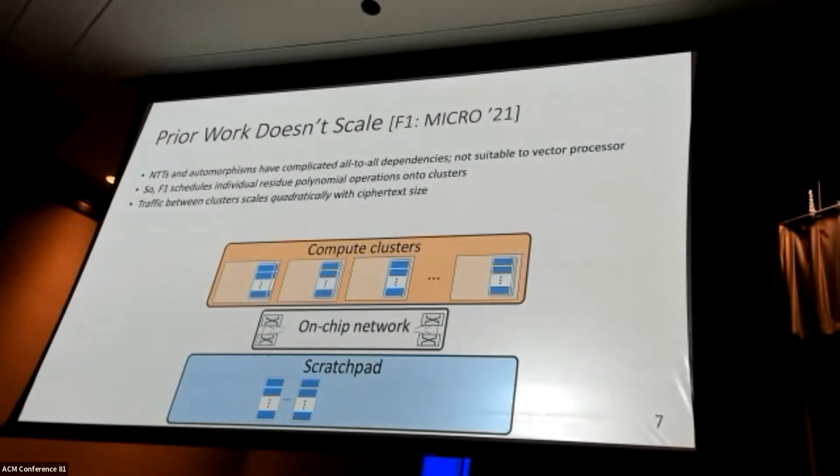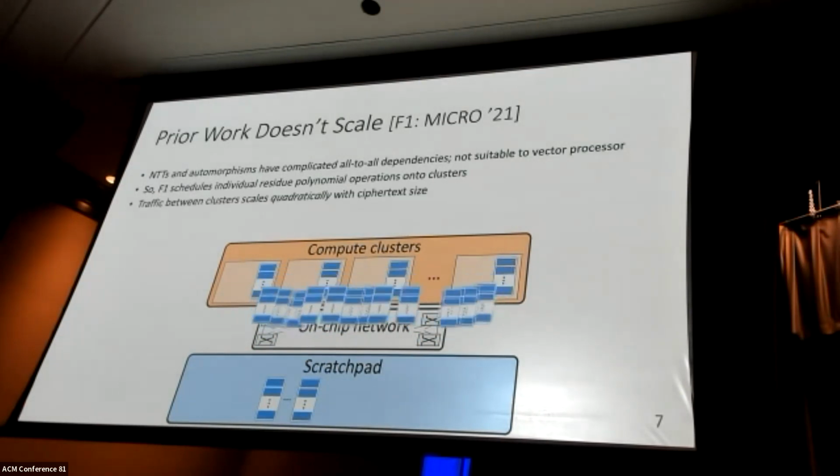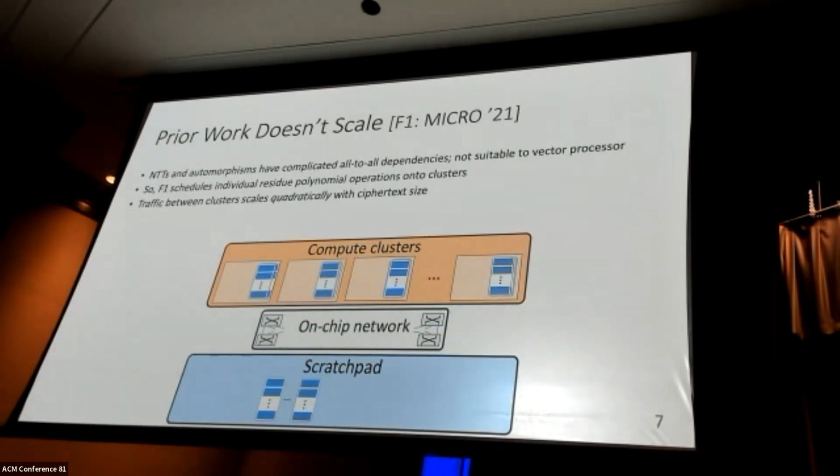But as you've seen, this animation showed many residue polynomials changing places. And that happens when you do key switching, which again is FHE's key computational kernel. And this is because the number of dependencies between residue polynomials actually grows quadratically with ciphertext size. All residue polynomials of the output depend on all residue polynomials of the input.